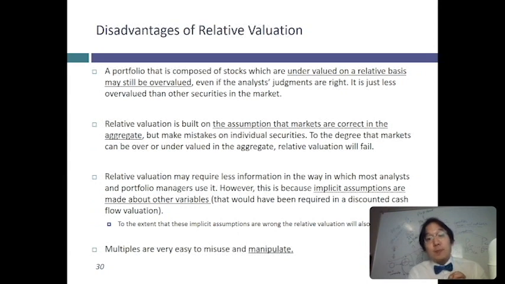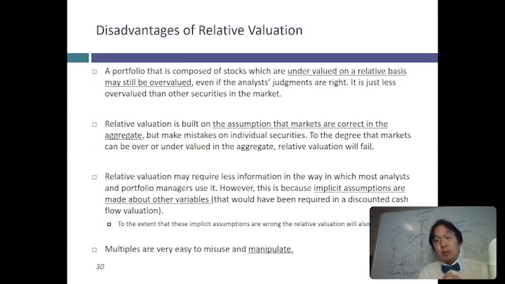Relative valuation is built on the assumption that markets are correct in the aggregate, but make mistakes on individual securities. To the degree that markets can be over or undervalued in the aggregate, relative valuation will fail. Relative valuation may require less information, in the way in which most analysts and portfolio managers use it.